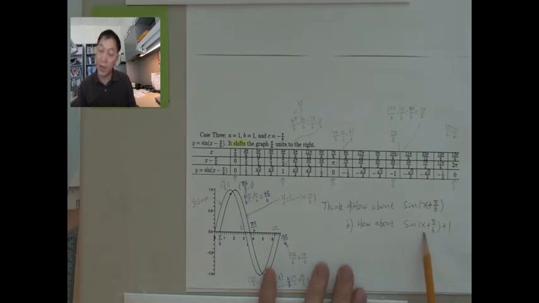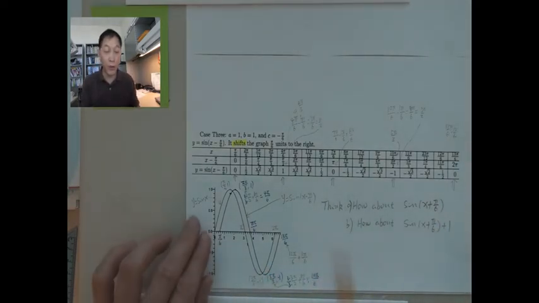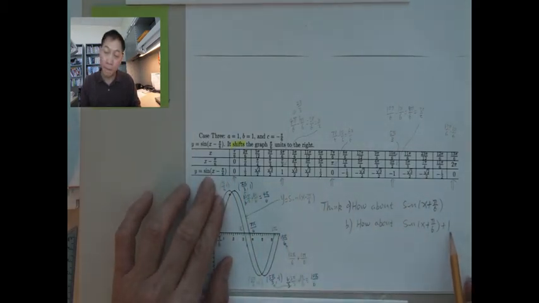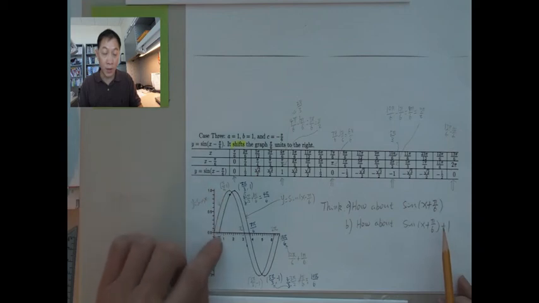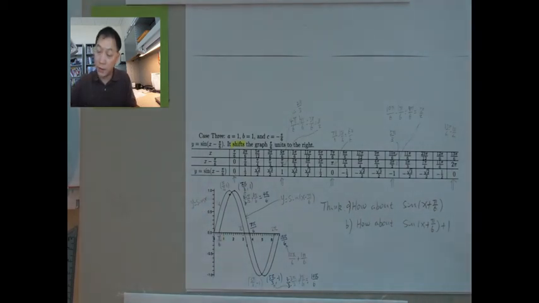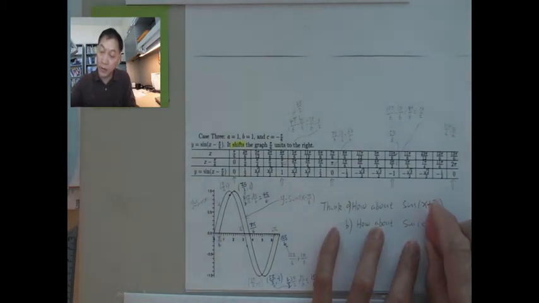How about we have this case? If we have y equals sine of x plus pi over 6, plus 1, then each value you got here is not enough. You have to plus 1. Previously it was 0. Now you got this value here. I should write maybe negative.